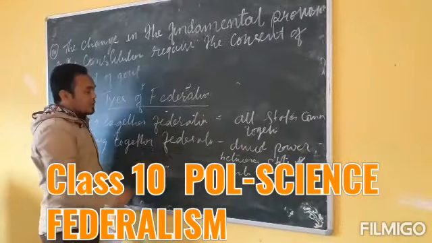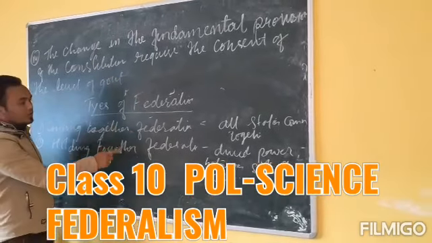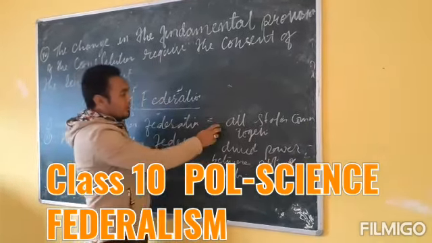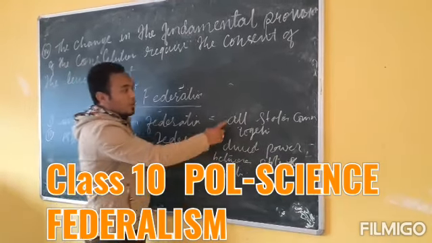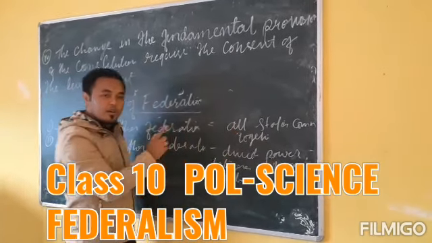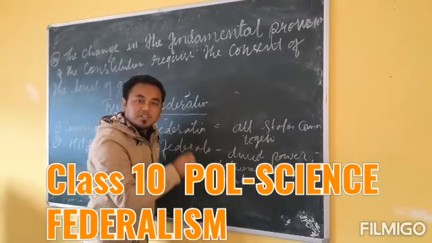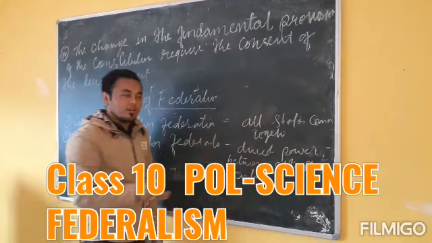So there is a difference between the two: in coming together federalism, all states come together and form the government, and in holding together federalism, powers are divided between the central government and the state governments.